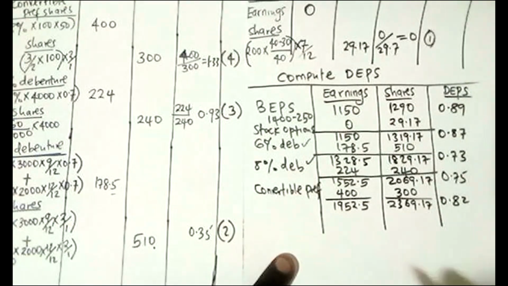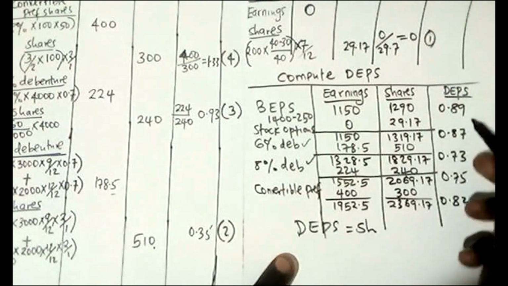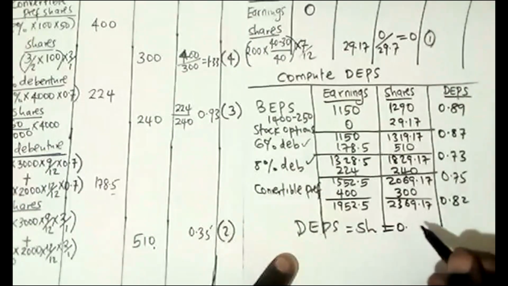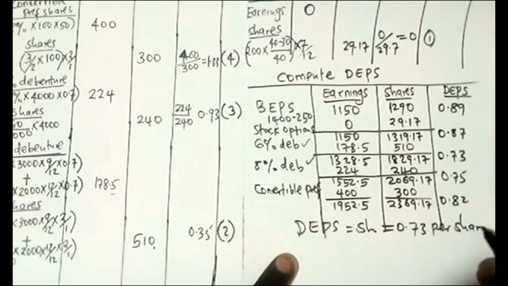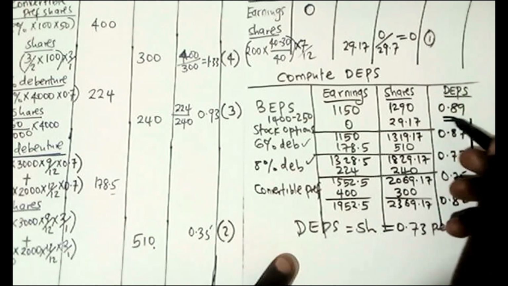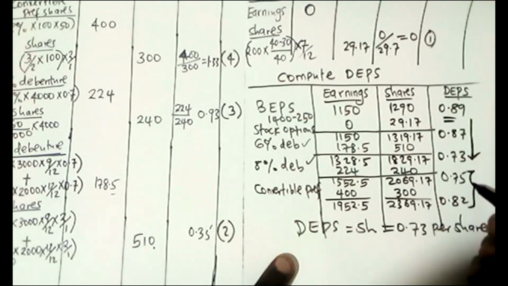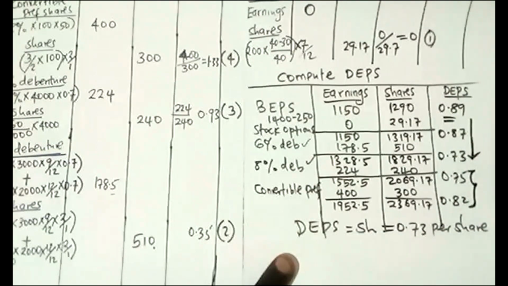So you would say diluted EPS is equal to shillings, the least, 0.73 per share. You can see these securities were signifying a reduction in the basic EPS. But these two are now increasing the basic EPS.